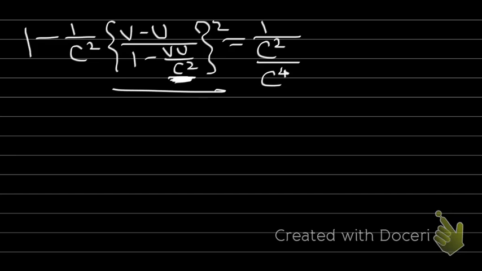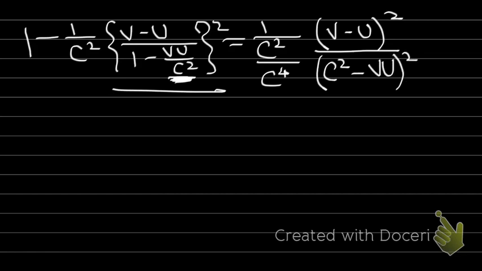The next term would be (v minus u) squared over, now we have factored out c squared from inside, so we would have (c squared minus v times u) whole squared.